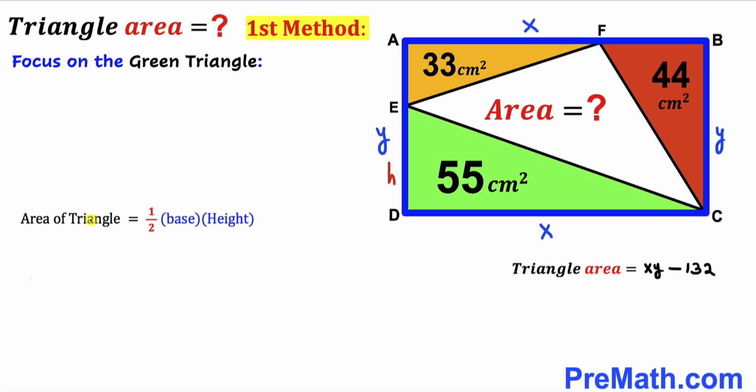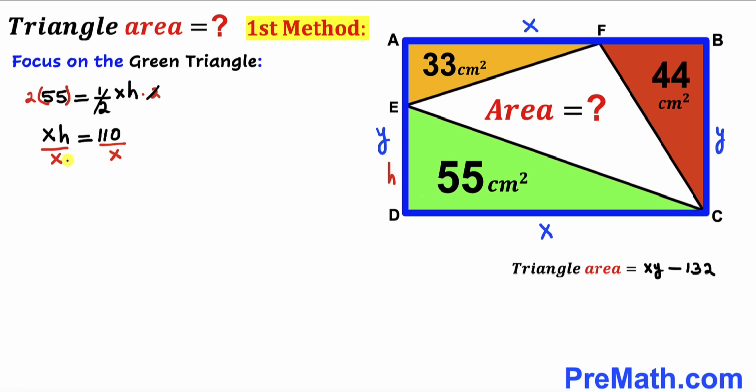So 55 equals a half times X times h. Now I'm going to multiply both sides by 2 to isolate X times h, and the 2 and the 1 divided by 2 are gone. So X times h turns out to be 2 times 55, which is 110.